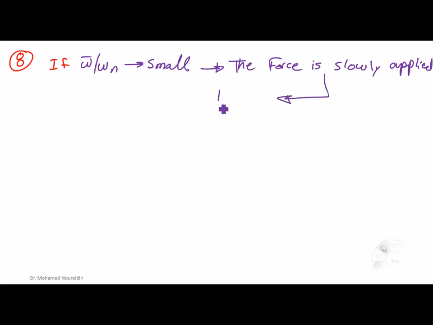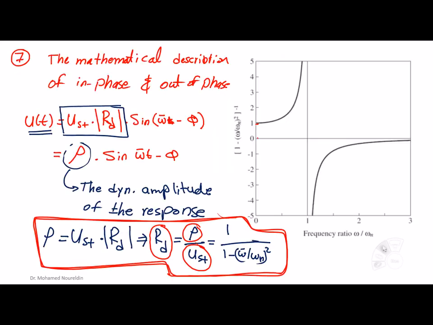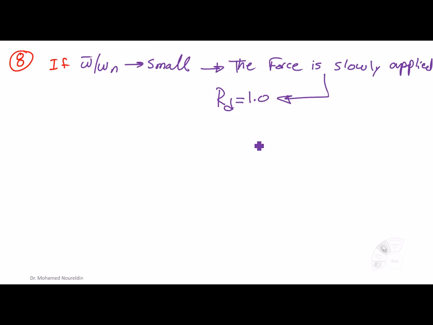Consequently, RD equals 1. As I said, go back here, RD is going to be 1. Based on this, the maximum dynamic amplitude is almost equal to the maximum static displacement. They are going to be the same.